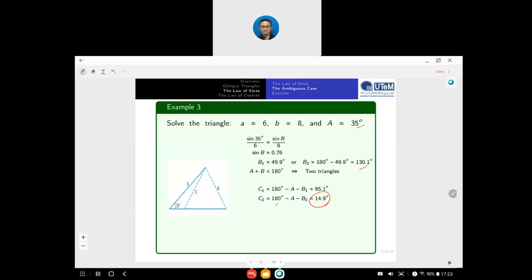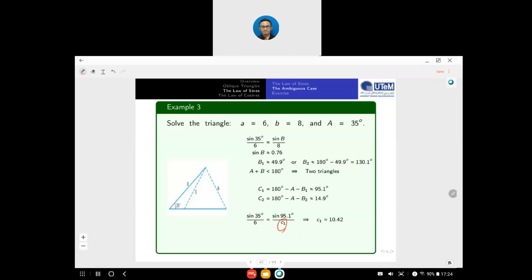Of course, you need to find the side small c also. You have two, because when you have two angles C, the length c also has two values, by using the law of sine. Sine 35 degrees over 6 equals sine 95.1 over c1.